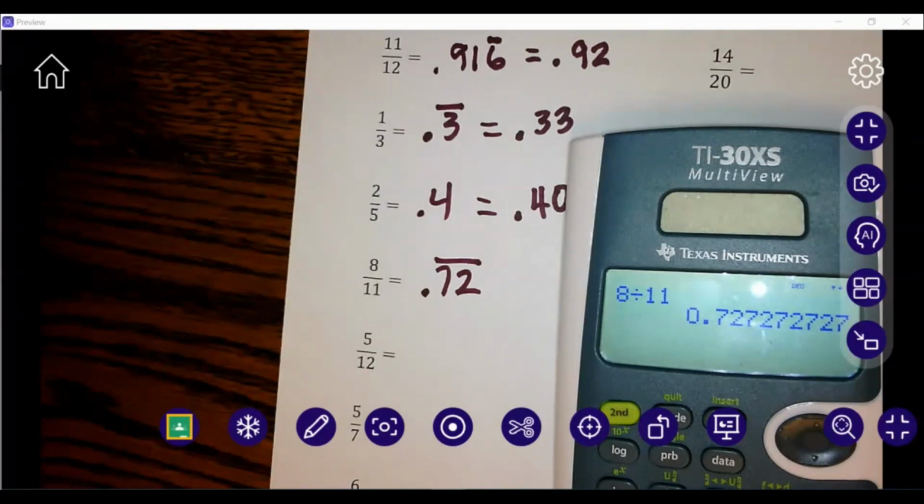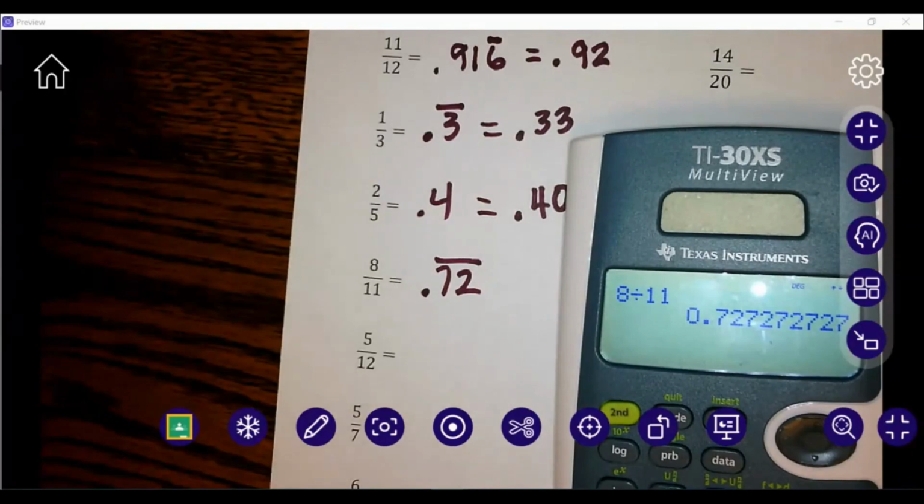Looking at my calculator, looking at the hundredths place, look next door, then decide what does that round to if we're going to be rounding to 2 decimal places, to the nearest hundredth. How do we round 0.727272727272 to the nearest hundredth?